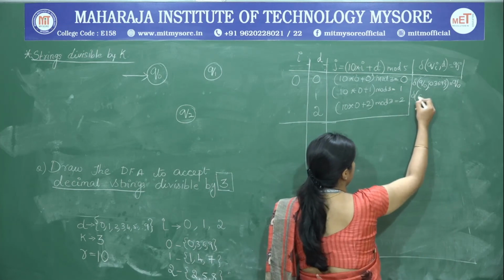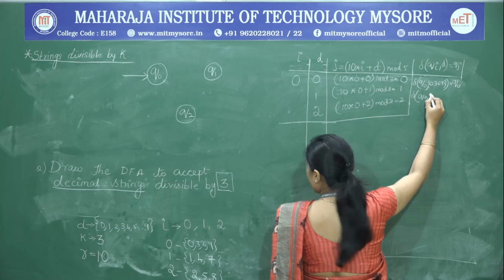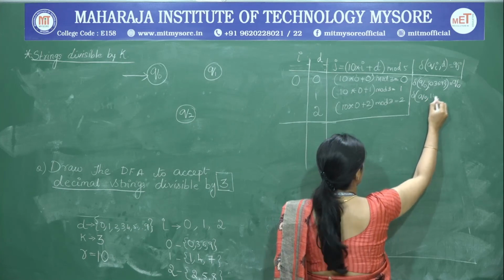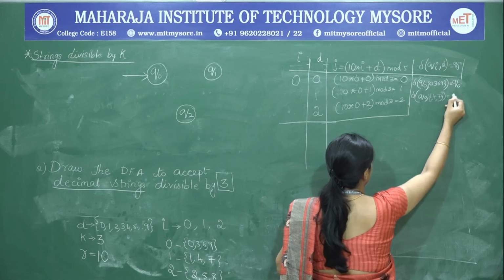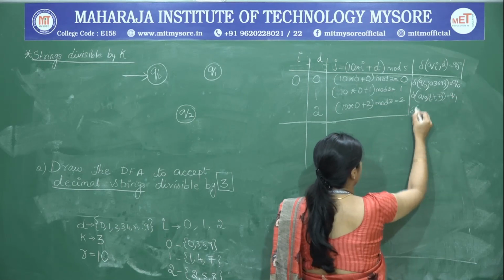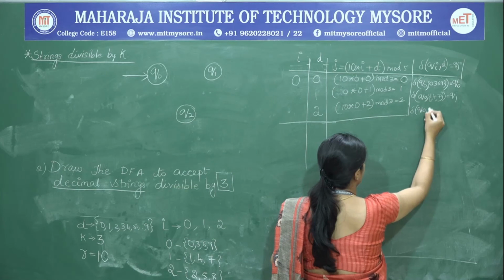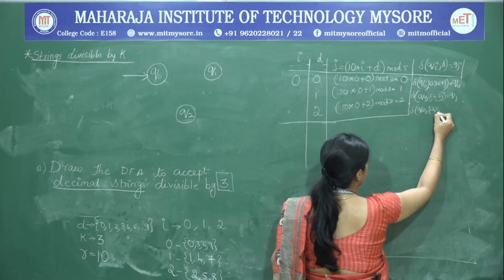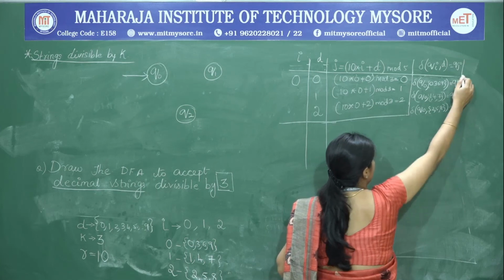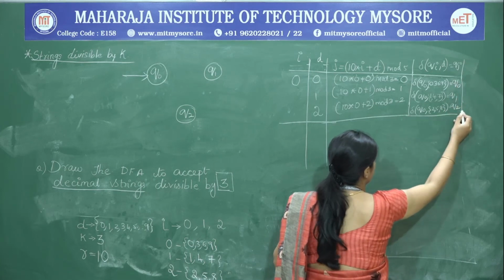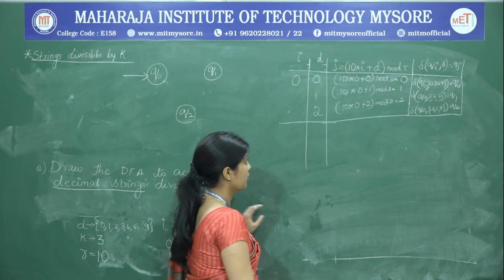Similarly for the rest of them, q0 on 1, 4, 7, you are going to q1. Delta of q0 comma 2, 5, 8, we are going to q2. Similarly we are going to frame the rest of the transitions.